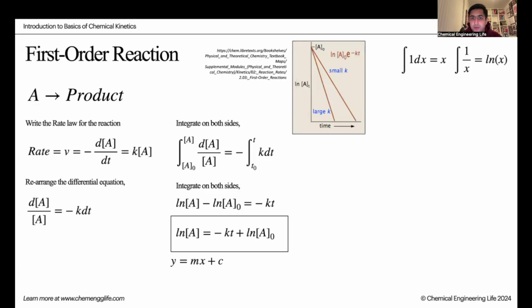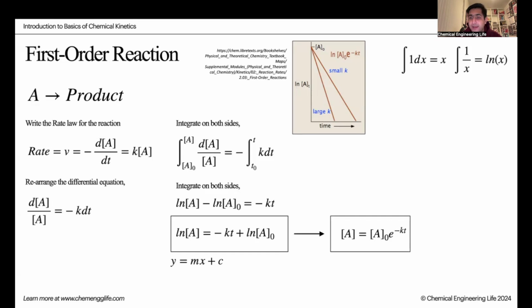And if I was to plot the curve, it would look something like this. For a large k value, you'll see that the curve is a lot steeper, and for a small k value, the curve is obviously less steep as compared to a larger k value. And you would have your ln of A on the y-axis and time on the x-axis.